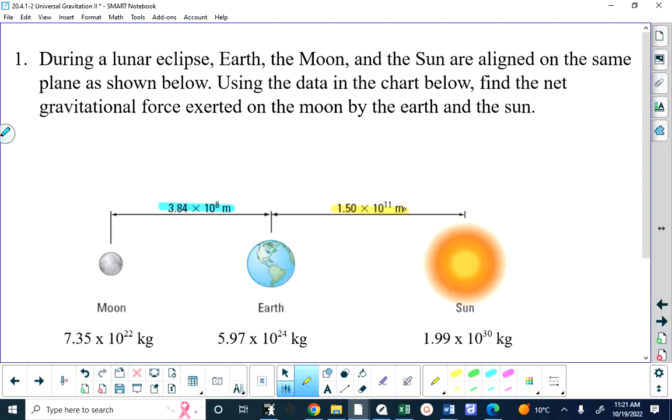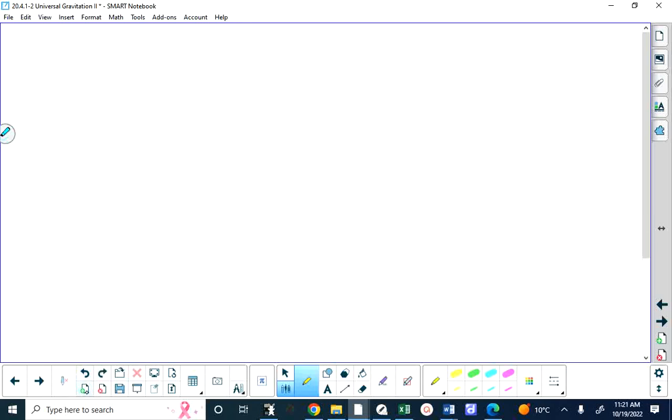In reality, and I feel as though this is important, I don't want to just hand wave away this diagram. In reality, if this is the Earth, this is the moon, and this is the sun.